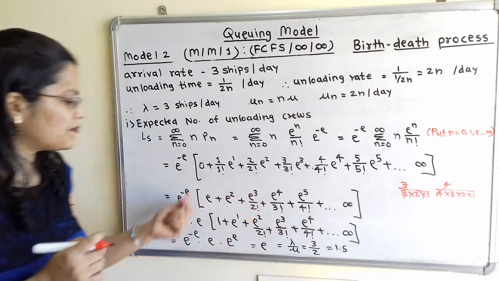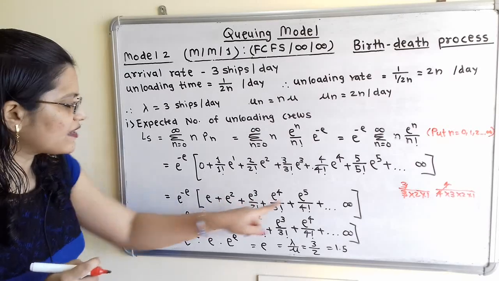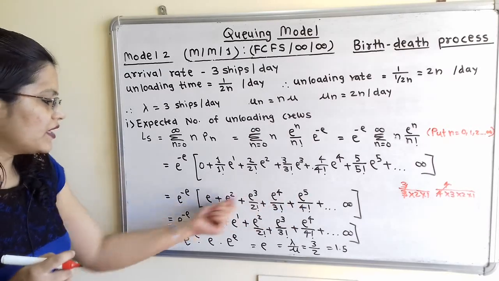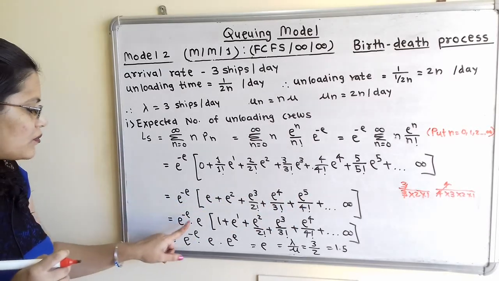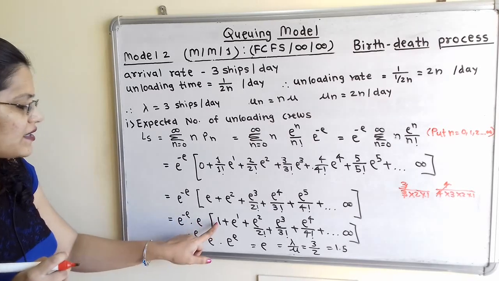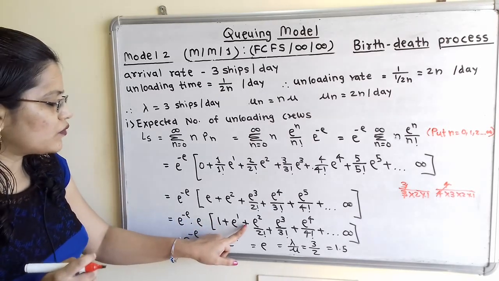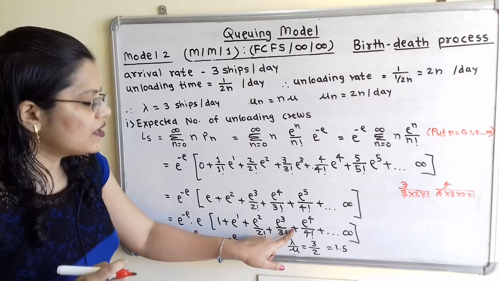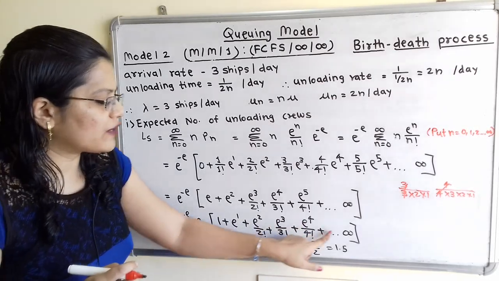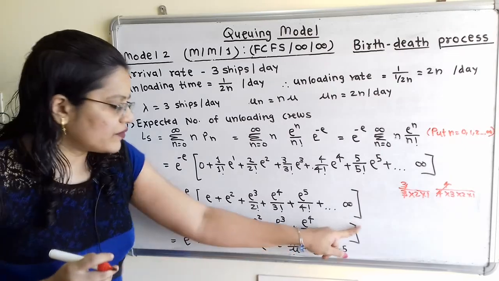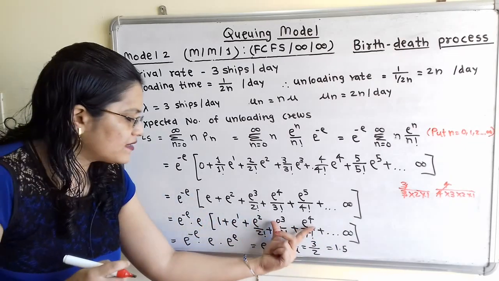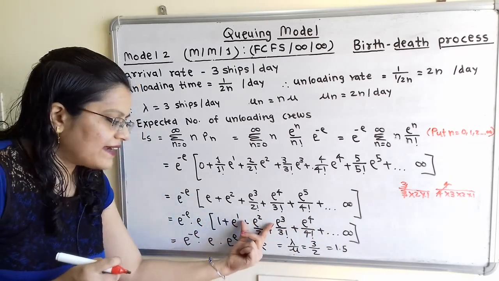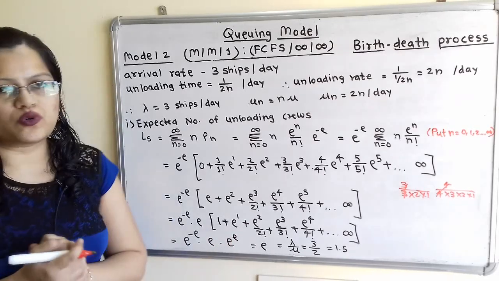Now again we will simplify this. From this we take rho as a common term outside the bracket. So e raised to minus rho, and inside the bracket 1 plus rho raised to 1 plus rho square by 2 factorial plus rho cube by 3 factorial plus rho raised to 4 by 4 factorial up to infinity. Now if we observe this bracket, we can write this series as e raised to rho.